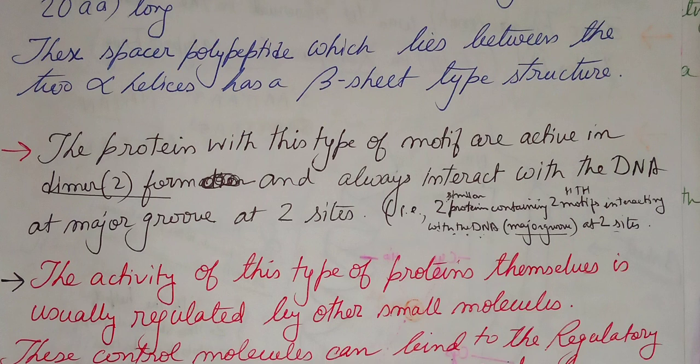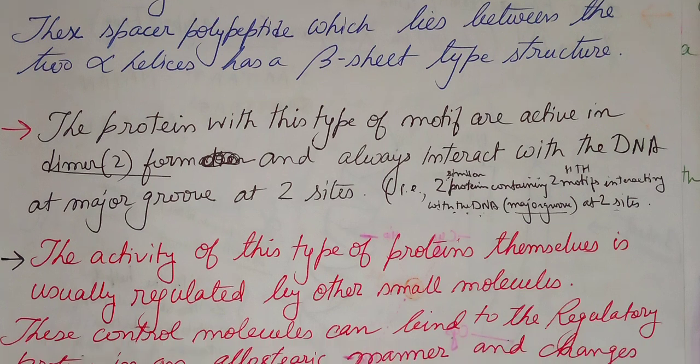Mostly these proteins are active in dimer formation and always interact with the DNA at the major groove at two sites. Two sites, because it forms a dimer, so it will interact with the DNA at two sites.